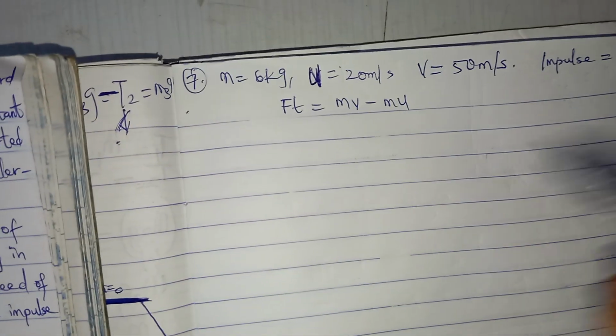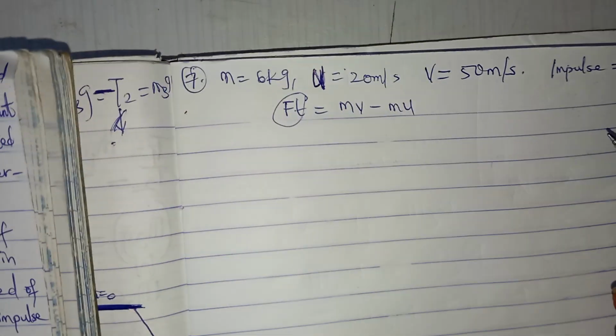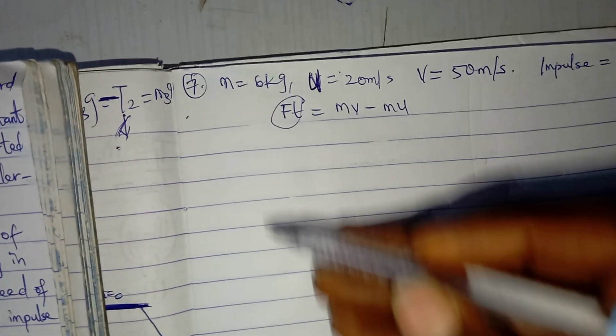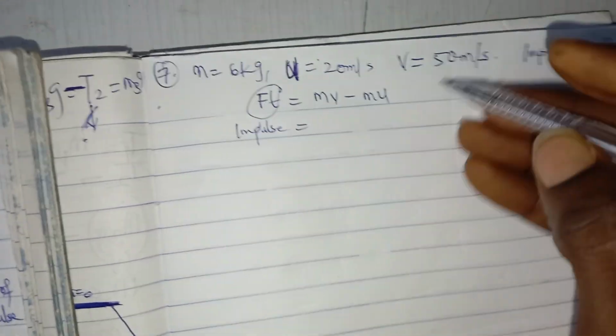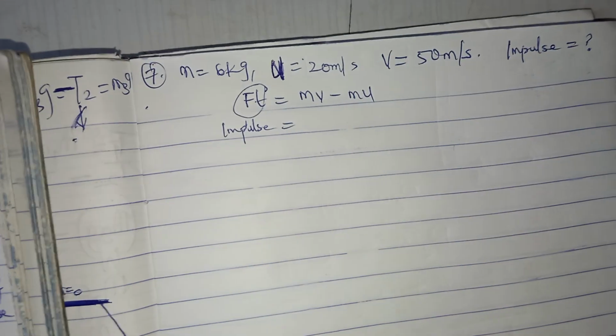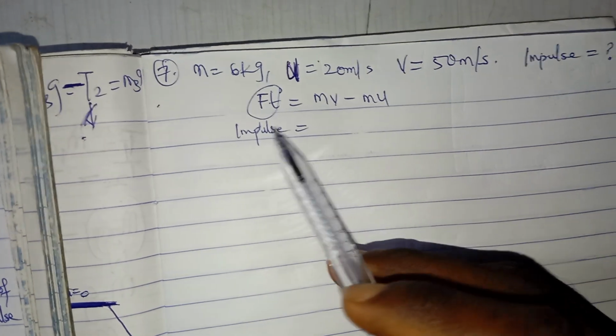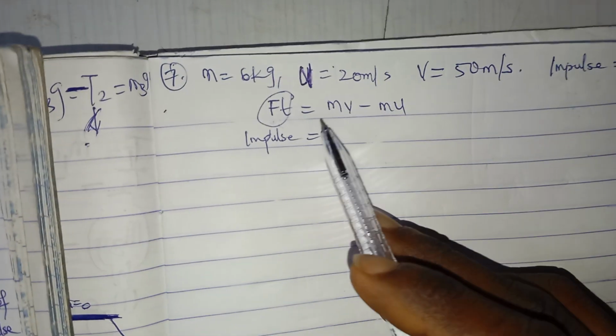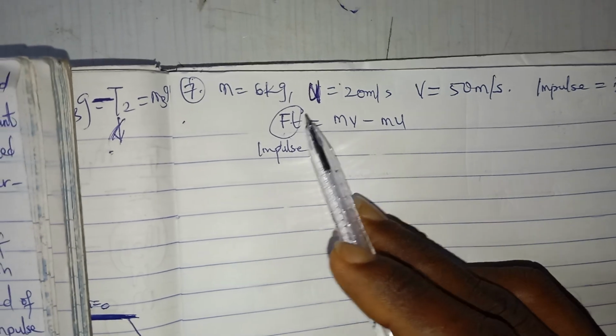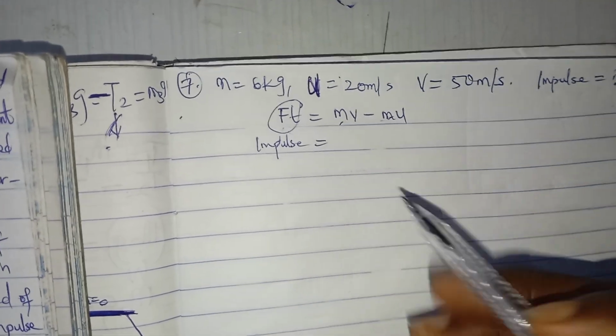Do you remember? We said that whenever force and time are not given, we can say impulse is equal to, notice sometimes the problem students have is that they will start checking, there's no force, there's no time, how come? Just remember that Ft is impulse. Change in momentum is impulse.